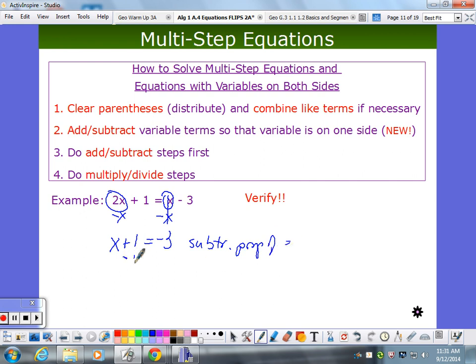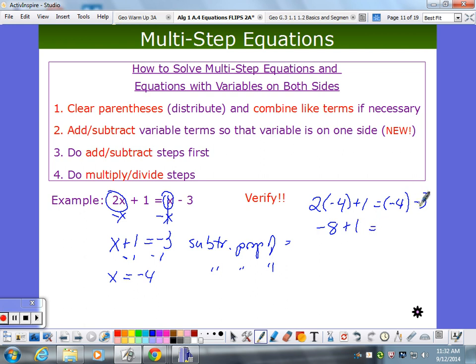Now I'm going to subtract 1, right? So x equals -4. I'm using the same property. And I think I'm done. Now, are these good ones to verify? Yes. Because these are much harder to see in your head. And again, work this side, then work that side. What's 2 times -4? -8 plus 1.